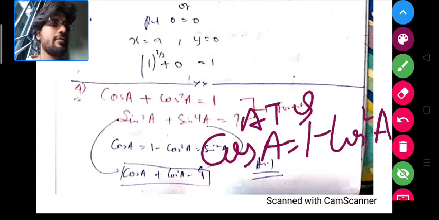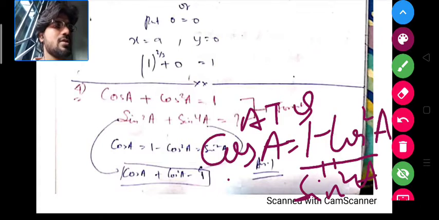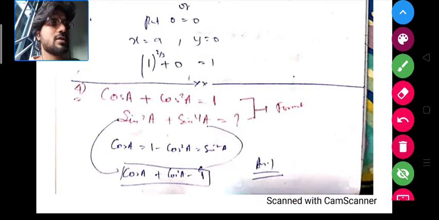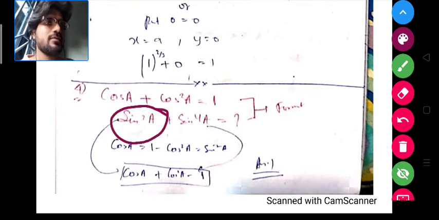From the identity we know that 1 minus cos square theta is equal to sine square theta. So that means indirectly cos a is equal to sine square a. When cos a is equal to sine square a, you can put sine square a as cos a, and sine 4a is cos square a.